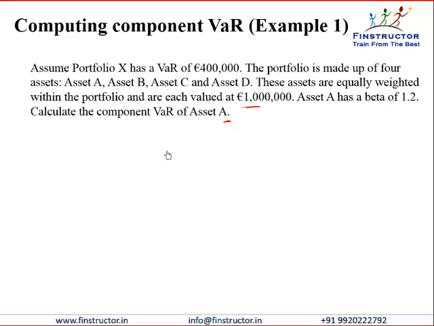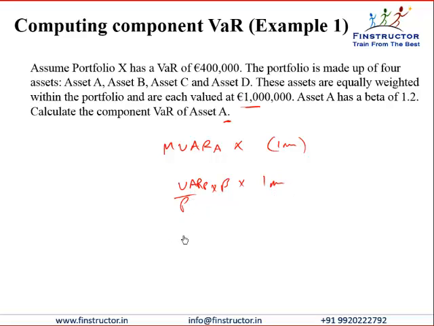So the component VAR of asset A would be the marginal VAR of asset A multiplied by the amount of asset A that has been removed. So 4 are equally weighted, that is each has a value of 1 million. The marginal VAR can be calculated as the VAR of the portfolio divided by the value of the portfolio into beta into the size of the position, that is 1 million.